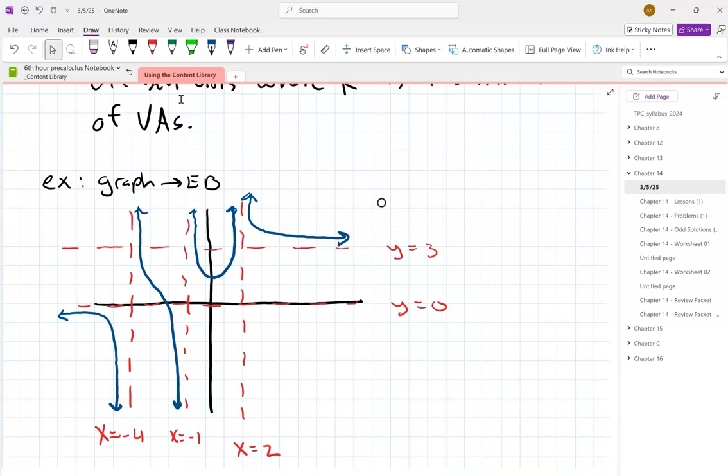So this graph had 3 vertical asymptotes, so it should have 8 end behaviors. Those 8 end behaviors are going to correspond to the heads of each of these arrows on our graph.